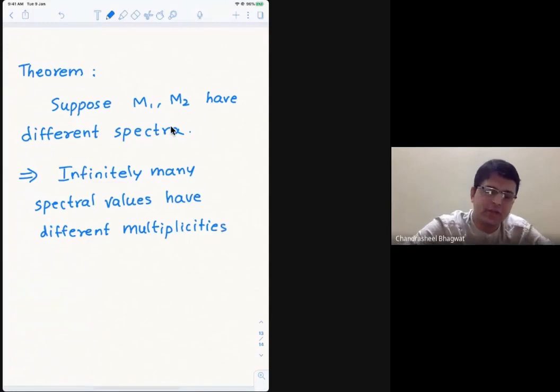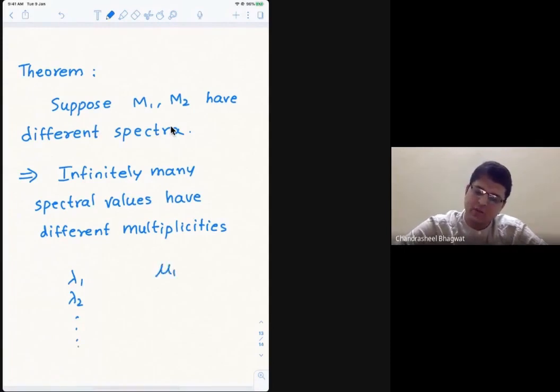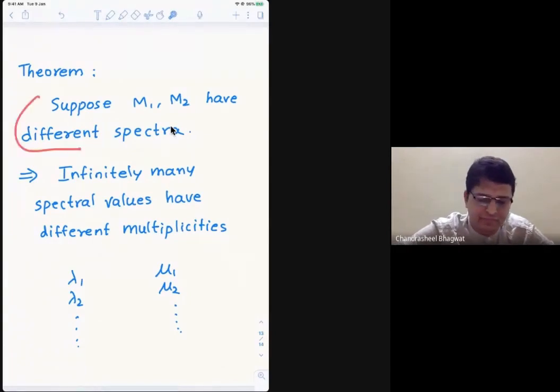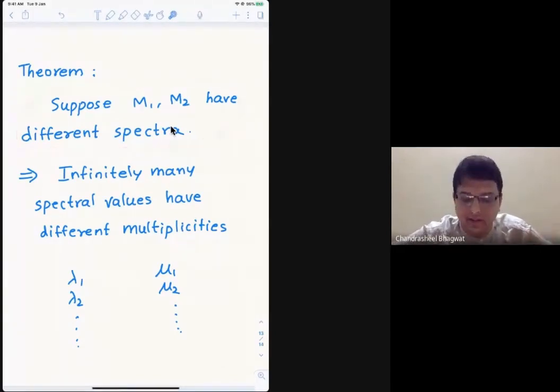Let me explain what this means. Suppose you have lambda 1, lambda 2 and so on, and mu1, mu2 and so on. I deliberately avoided the usual way of stating theorems, where one starts with a lot of hypotheses and writes the conclusion as one line. That won't serve the purpose in such a talk. So I just wanted to tell you, in mellowed down language, what exactly this is saying.